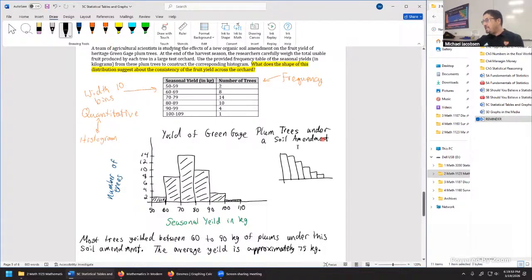It would have a staircase, kind of a skewed pattern to the data. That would tell us most of the trees are yielding towards the low end, and then it gradually goes down where some trees yield high and most of the trees are yielding low. But it went different on this experiment. There's a central value and it kind of fell off about the same in both directions.